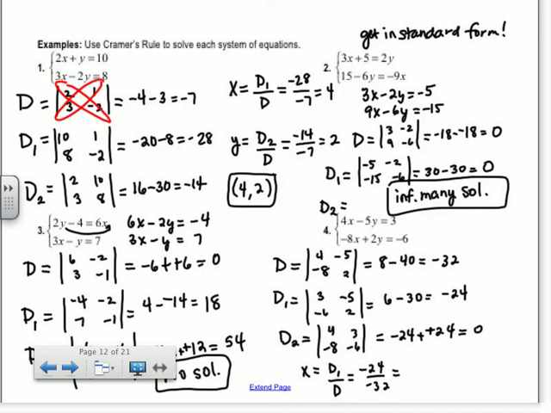Both are divisible by 8. So you get negative 3 over negative 4, so 3/4. Then y is d2 over d, which I can see right away is 0 over negative 32, so it's 0. So your answer is 3/4, comma, 0.